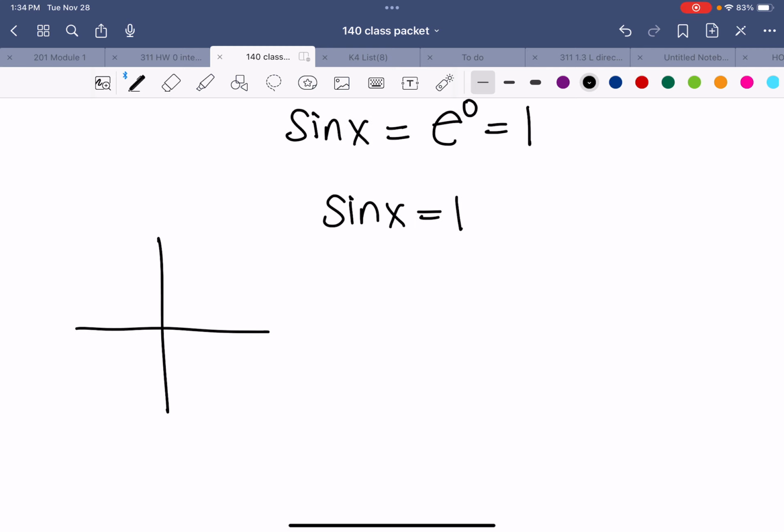So if I take a look at my unit circle, right, whenever you have zeros and ones for sines and cosines, you're going to your unit circle. And it's cosine x and then sine x. So I'm looking for a second coordinate that's equal to 1, so a height of 1.